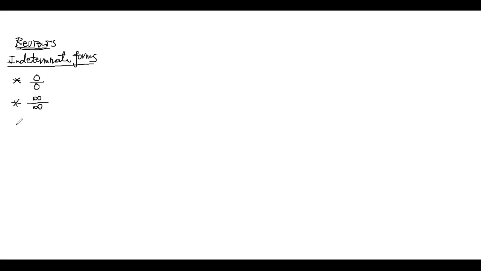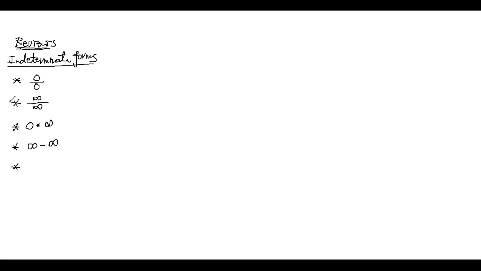Then the next one is 0 times infinity. So what is 0 times infinity? Not sure, right? So it's an indeterminate form. The next indeterminate form is infinity minus infinity. What is infinity minus infinity? Not sure, right? So those are indeterminate forms.